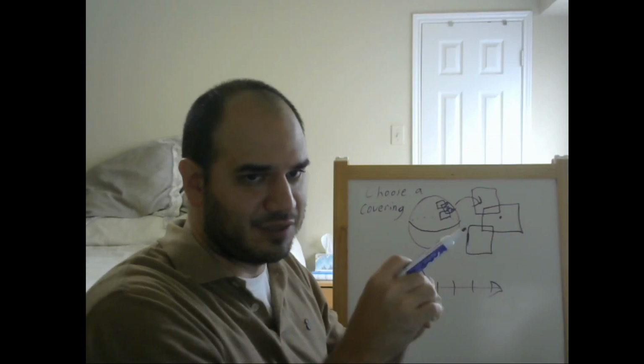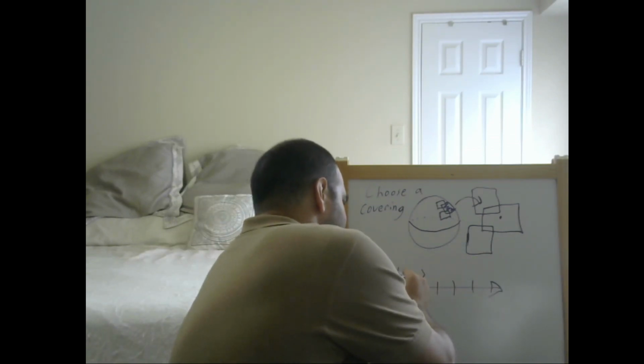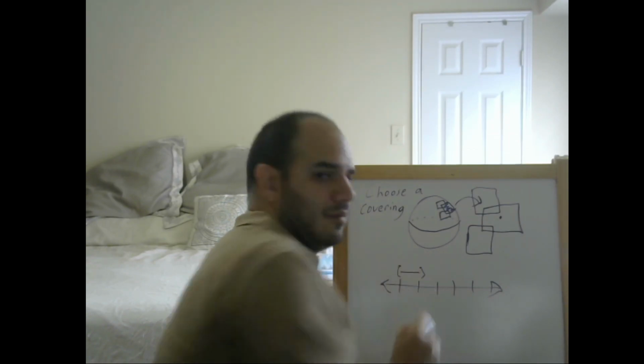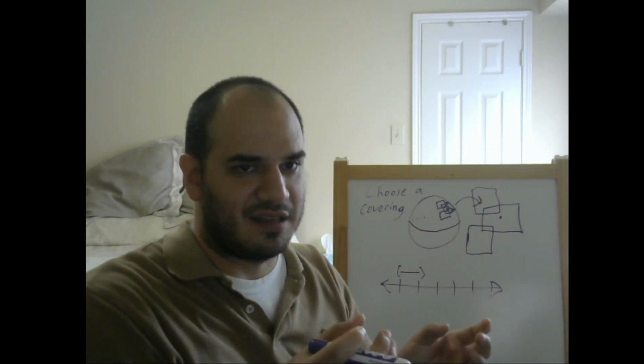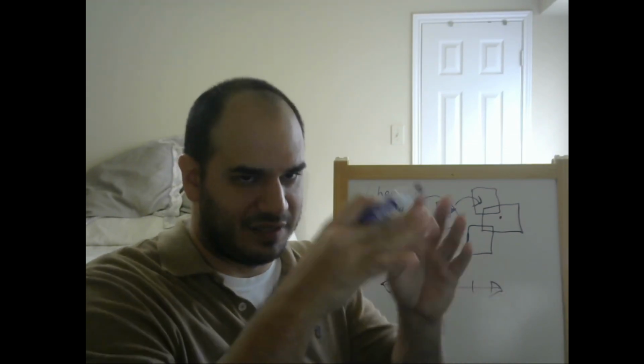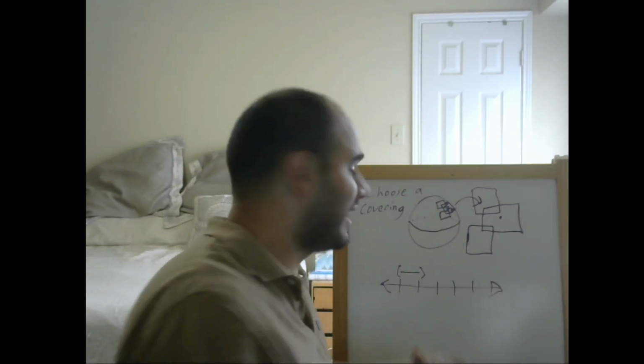So that you're always covering one plus epsilon or epsilon over 2 on either side, right? So you always have a little bit more, and you always get it. And then there's overlap.